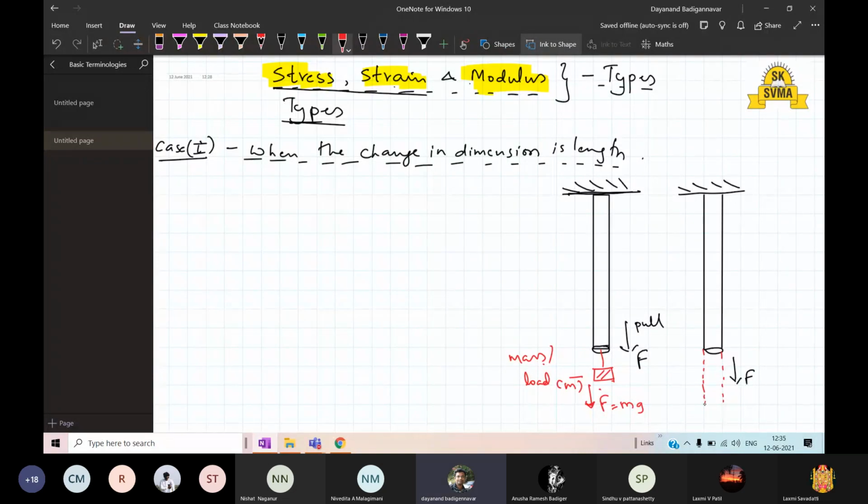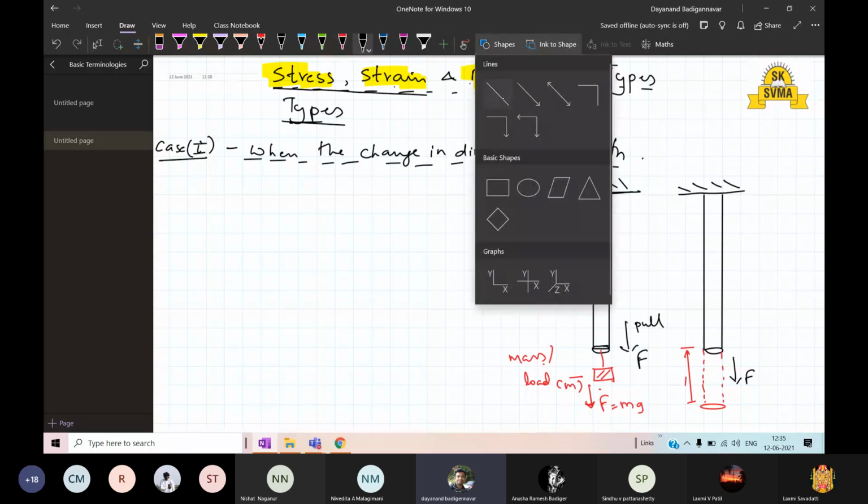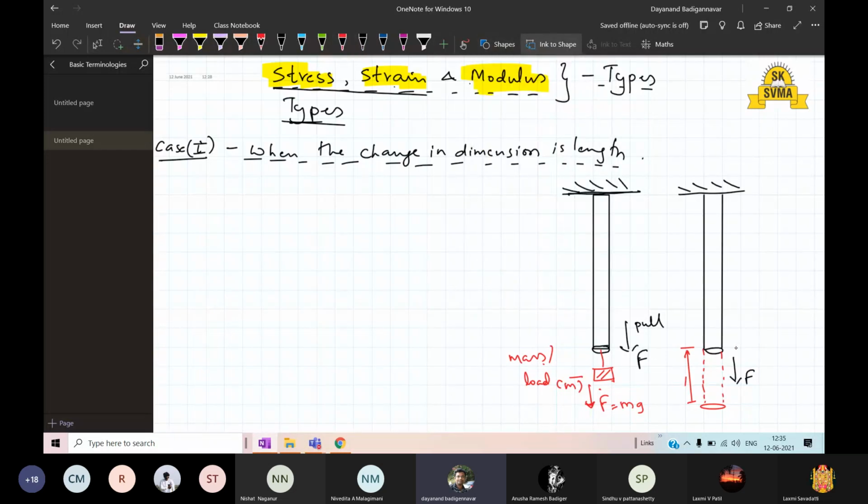This much is the change in length, X. What is the original length? The original length is L. This is the original length of the wire.